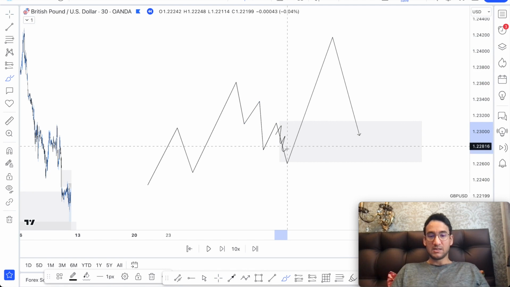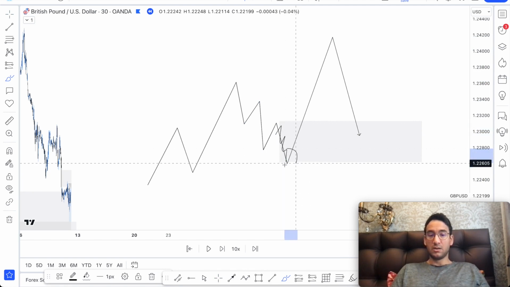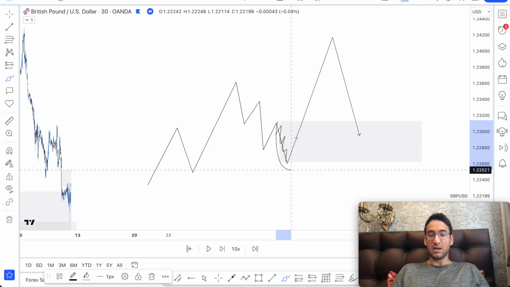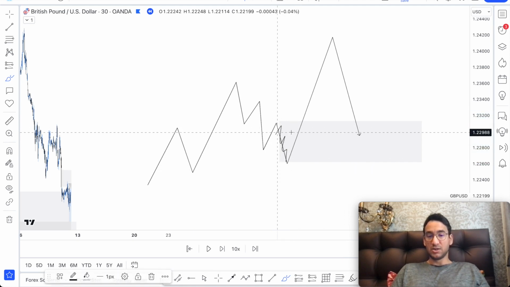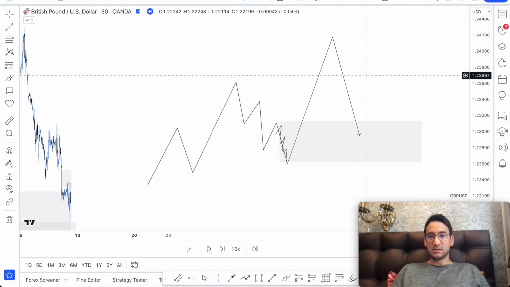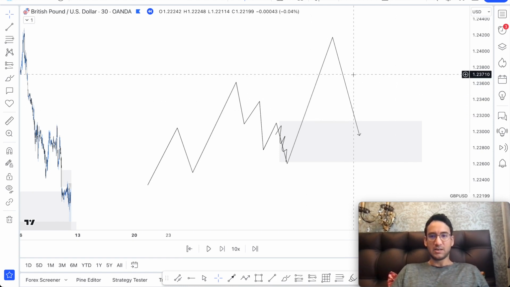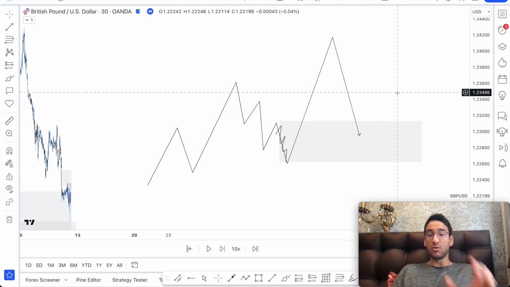Notice that I'm not just marking out an order block or one candle. I'm highlighting the main high and main low. This gives you the perception of not thinking about where exactly to look for an order block, but more of an area.